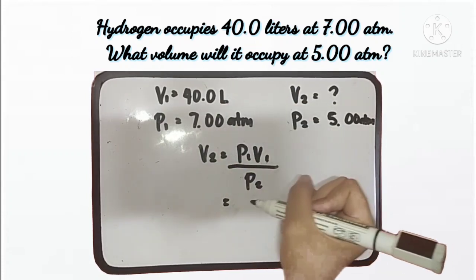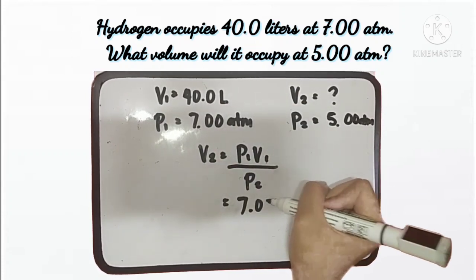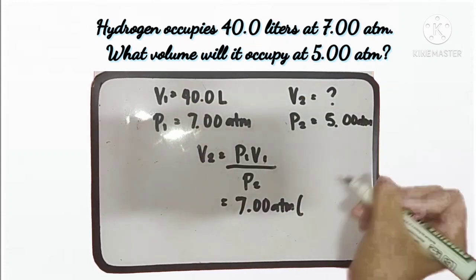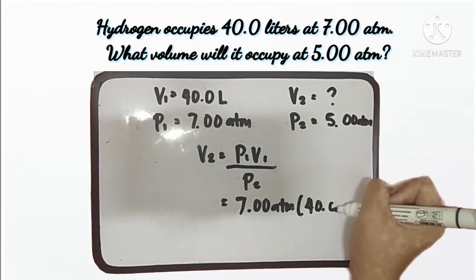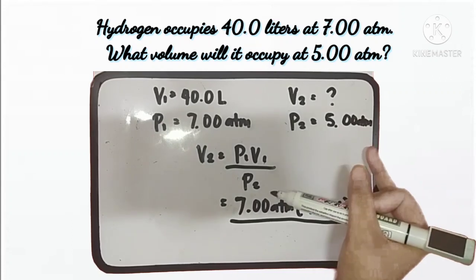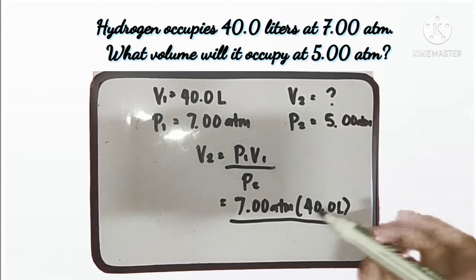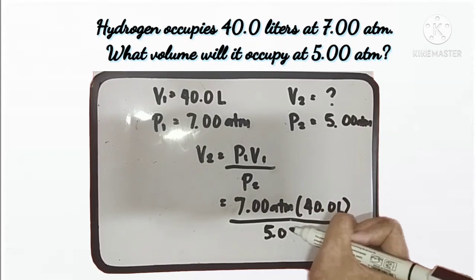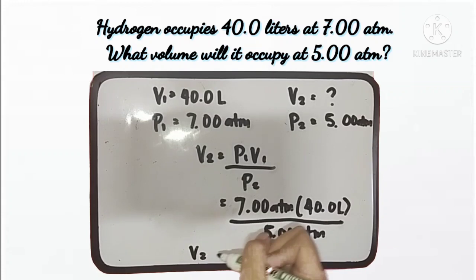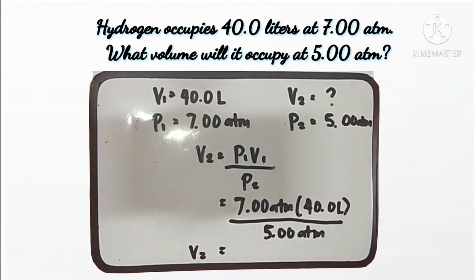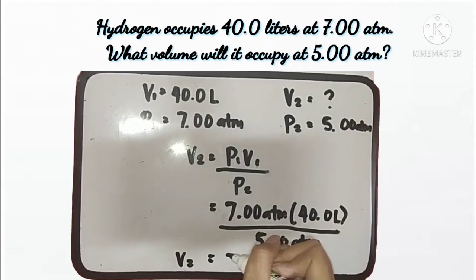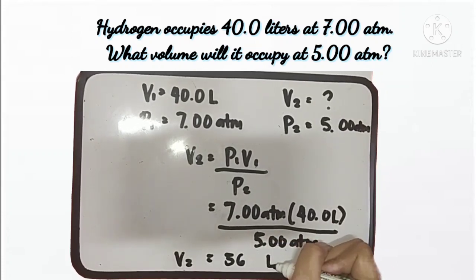So we have here the initial pressure, which is 7.00 ATM, to be multiplied by the initial volume, which is 40.0 liters, and divided by our final pressure, which is 5.00 ATM. So what will be the result after the multiplication and division? The final answer will be 56 liters.